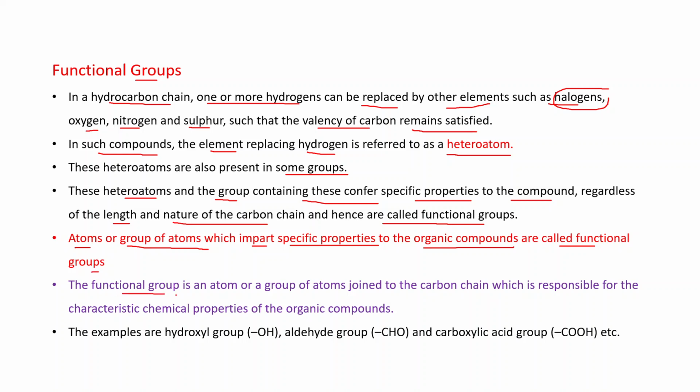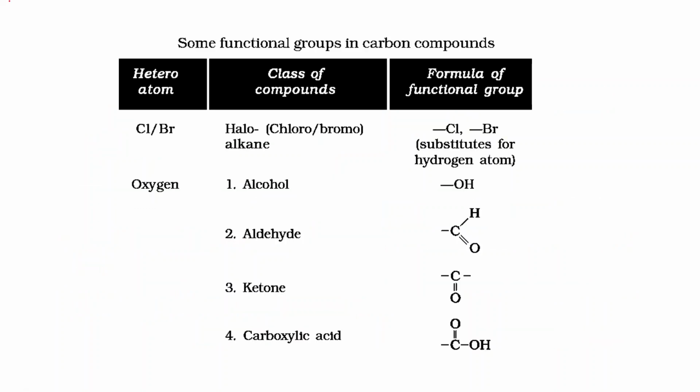The functional group is an atom or group of atoms joined to the carbon chain which is responsible for the characteristic chemical properties of the organic compound. For example, hydroxyl group, that is OH, aldehyde group CHO, carboxylic acid group COOH, etc. In 10th class we will discuss these functional groups.